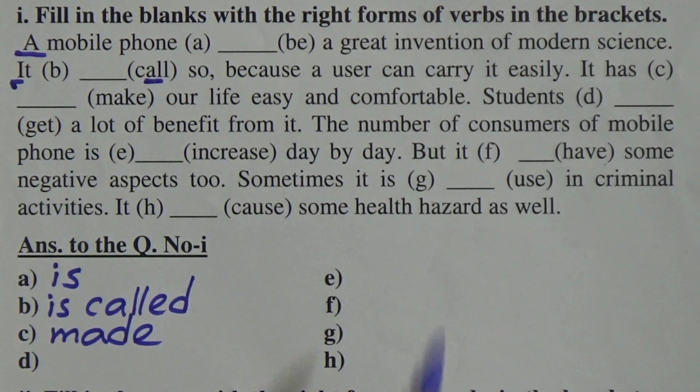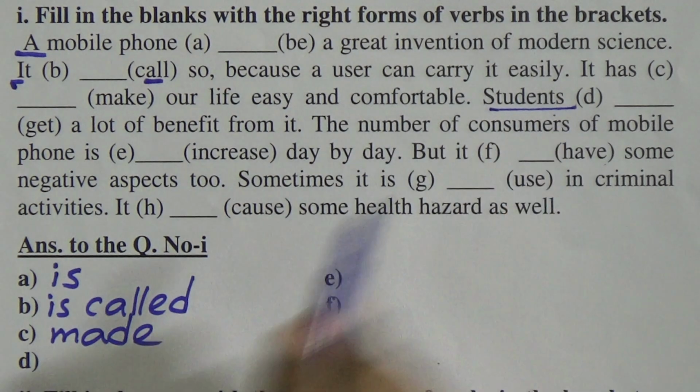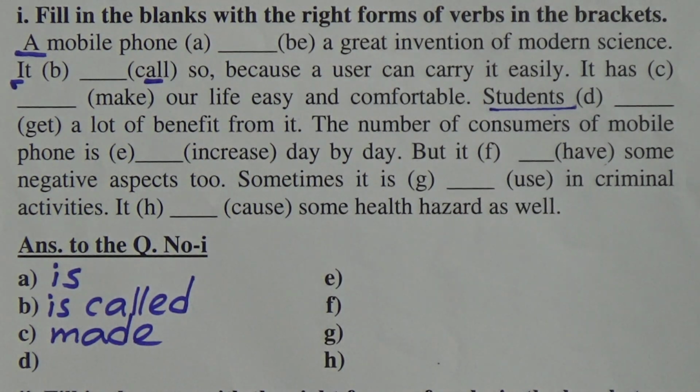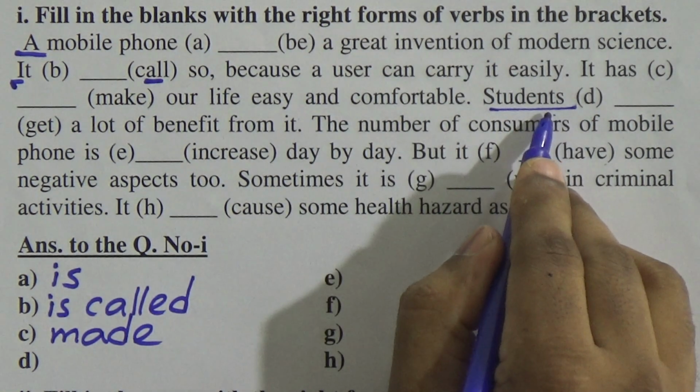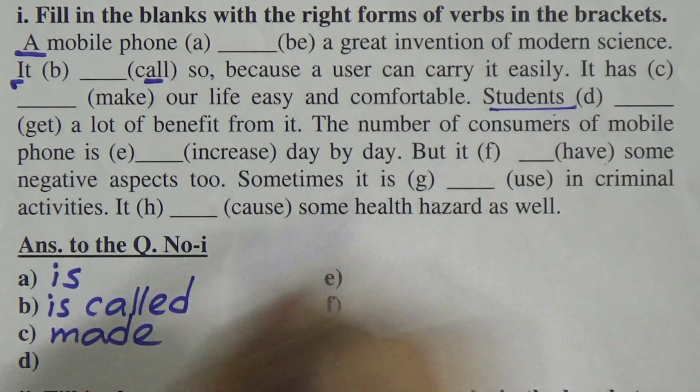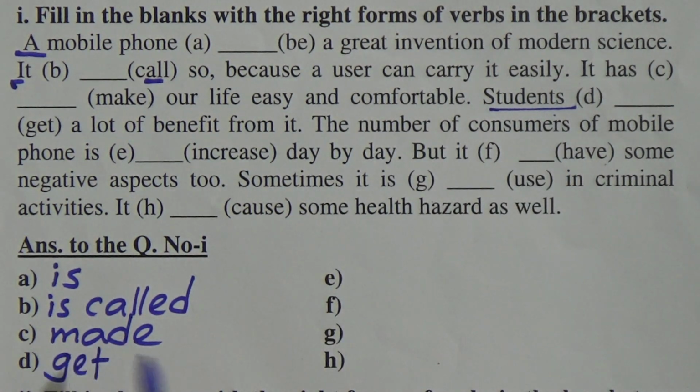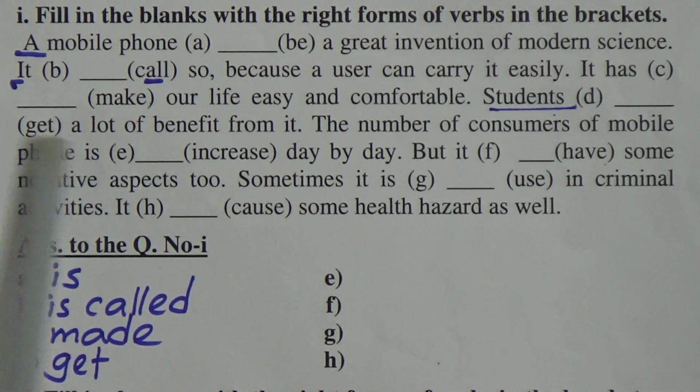So students, is the subject singular or plural? Plural. So in present indefinite tense, if the subject is plural, we don't put s or es after the verb. So students, as the subject is plural, we will add only get, not gets. Okay, very simple.